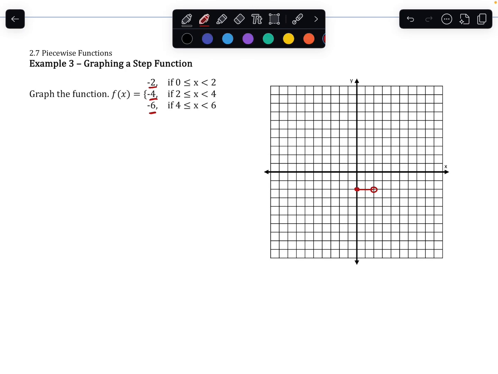And our next one is -4. 2's equal, so it's closed. 4 is open. And for -6, 4 is closed. 6 is open.